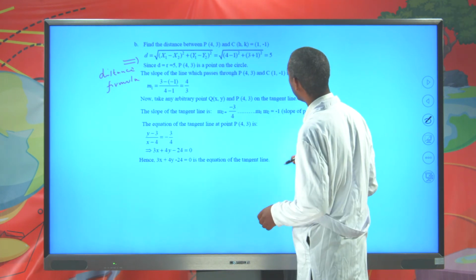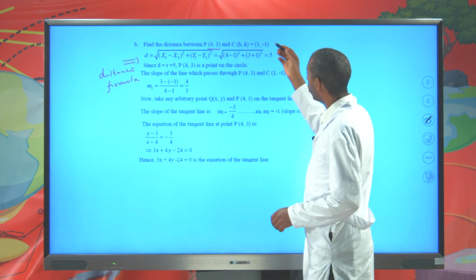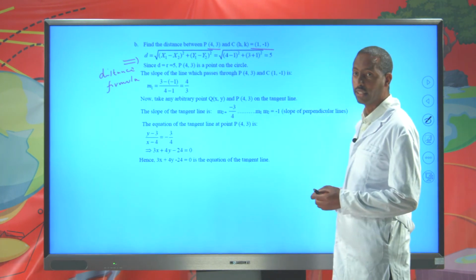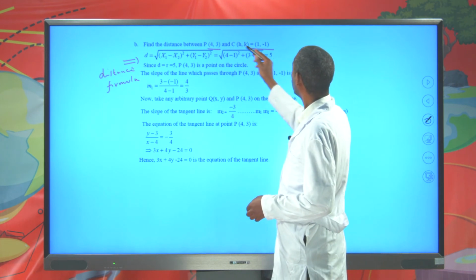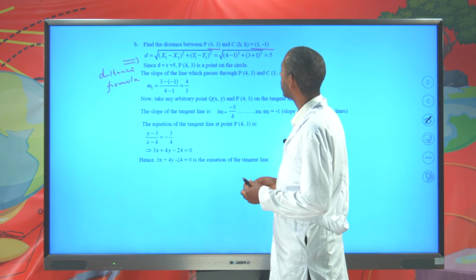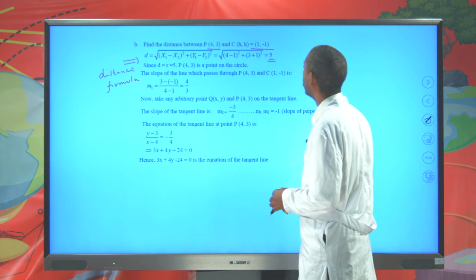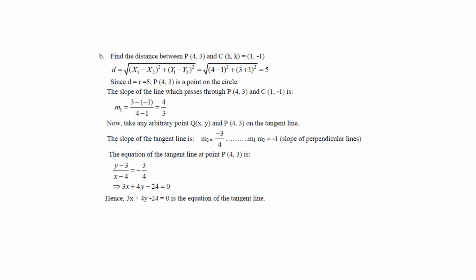We already know that the given point is (4, 3), and we already found the center is (1, -1). If I take those two points and replace them in the distance formula, we can easily observe that the value of this calculation is positive 5, which is the same as the radius of the circle. That indicates the point is on the circle.